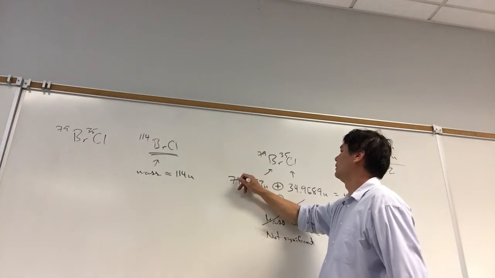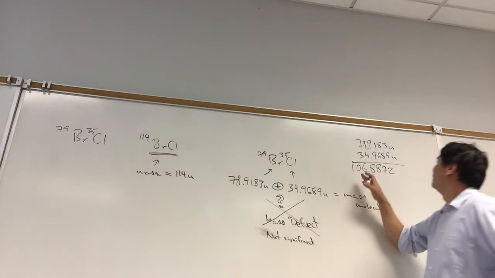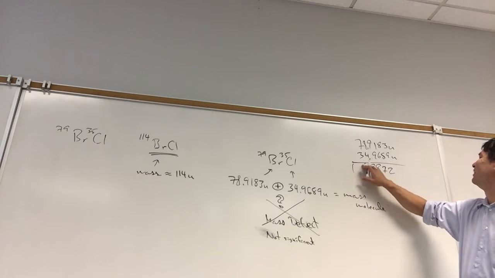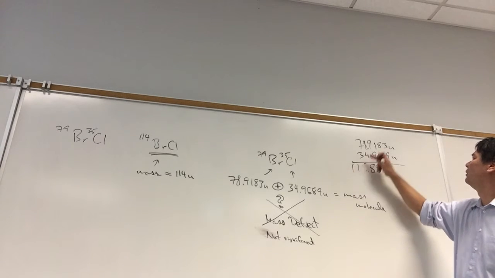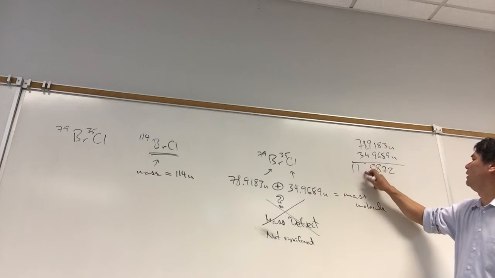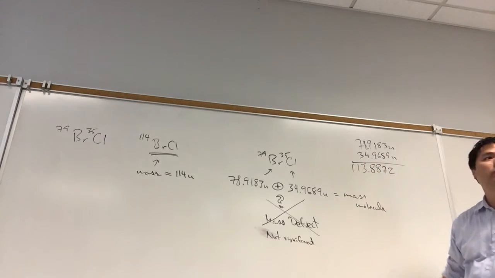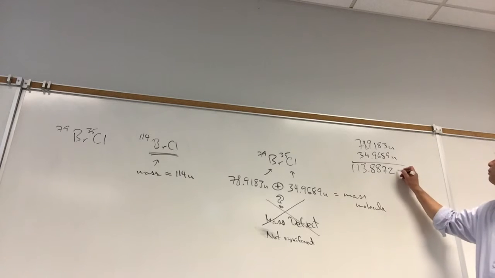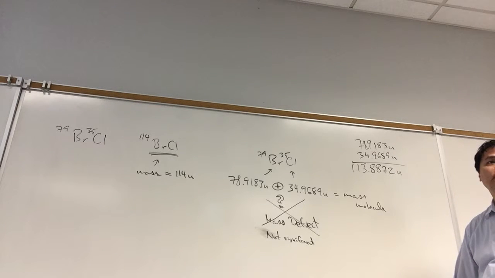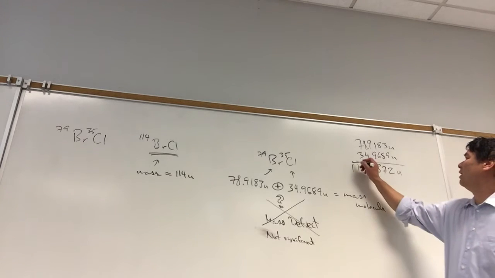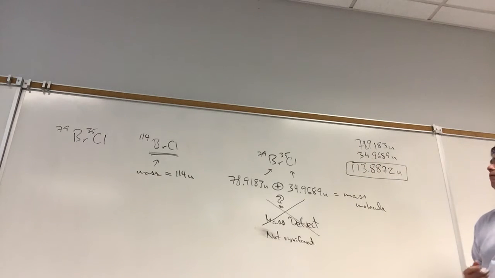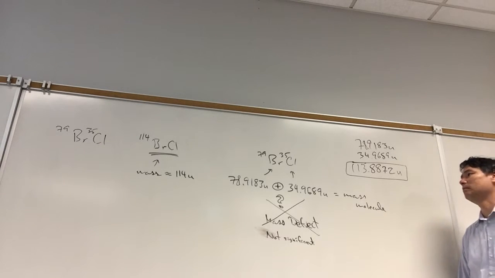It's got to be closer to that. So this is going to be 113.8872 u. So we don't have to weigh molecules in a mass spectrometer to get the mass. You can just add up the isotopic masses to get the mass of a molecule.